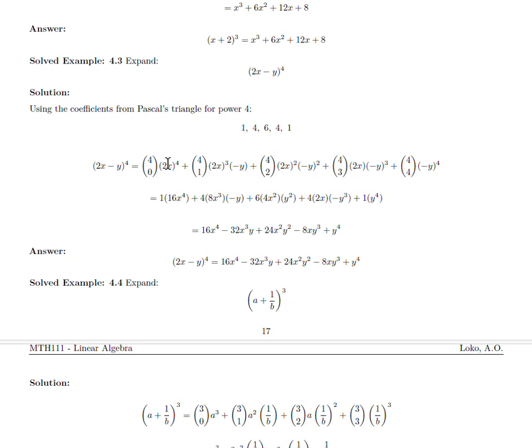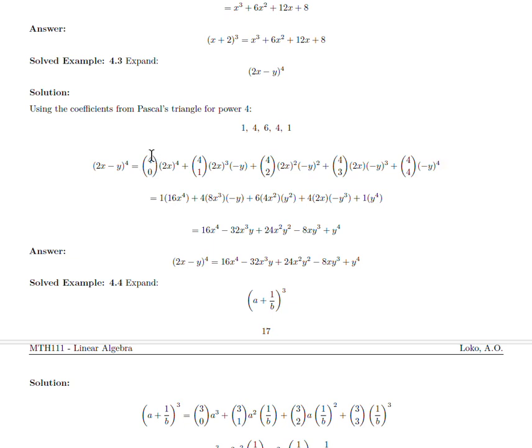So remember, powers of a will decrease. A is 2x, so from 4 to 3 to 2 to 1 and 0 here. And powers of b, which is minus y, would increase from 0 to 1 to 2, 3, 4, right?